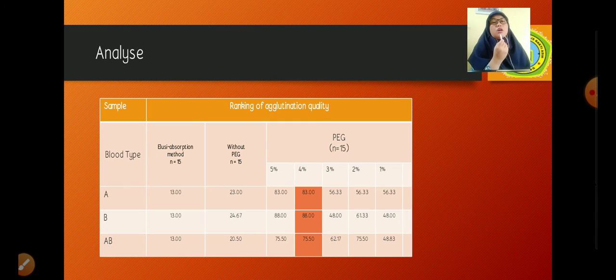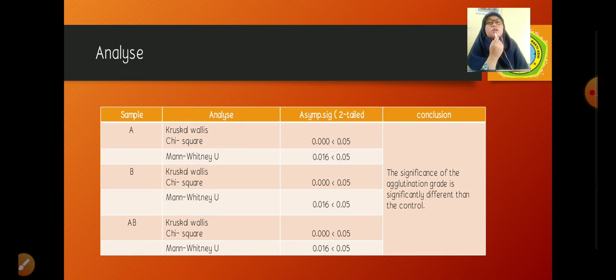Then the results were analyzed with non-parametric statistics. We can see the ranking of agglutination quality is higher at PEG concentration of 4% than the others.